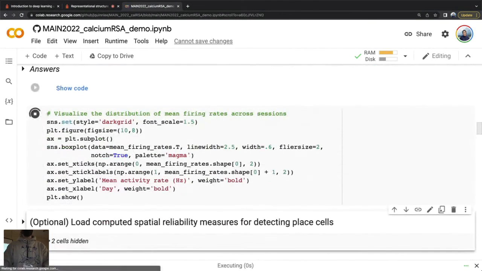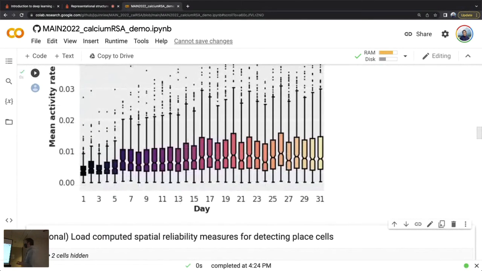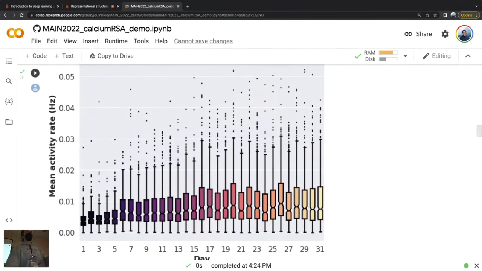So let's just take a quick look. This is a sort of distribution of firing rate, or activity rate, you could say. In general, in this case, it's kind of increasing with experience in this environment.